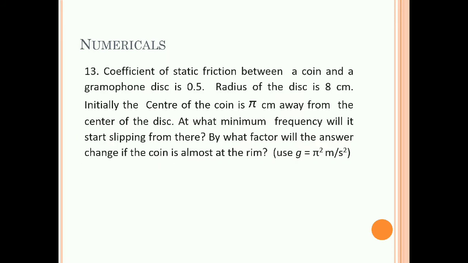What is given in the numerical here? A gramophone disc is taken. For that, the coefficient of static friction is 0.5. The radius of the disc is 8 centimeter. A certain coin is placed 2 centimeter away from the center of the disc. So at what minimum frequency will it start slipping from there, and the factor you have to find.